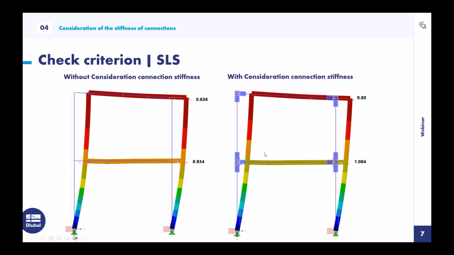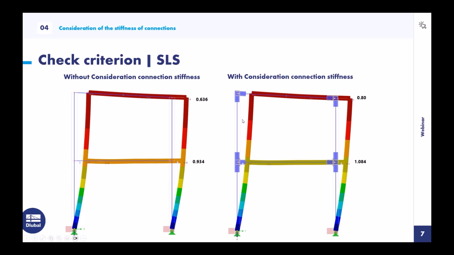Now, what to do? You can increase the stiffness of the connection with ribs or something like that. Or you can consider the connections on the column basis.